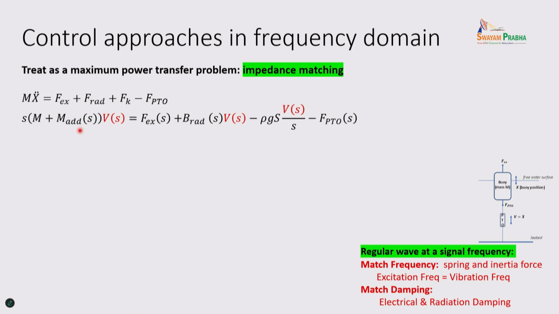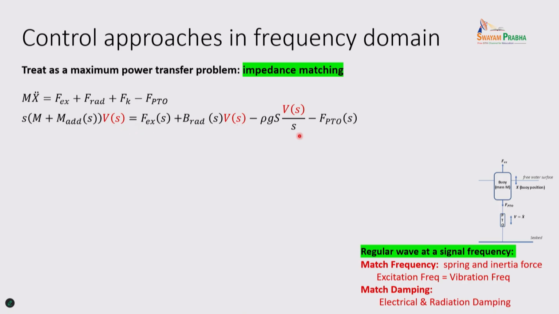Mass times acceleration is the force, where s times velocity is the acceleration. Then you have the excitation force, the damping force times velocity, and the stiffness times the integration of velocity, the displacement, where 1 over s is the integration. You have the PTO force, so you have velocity here.